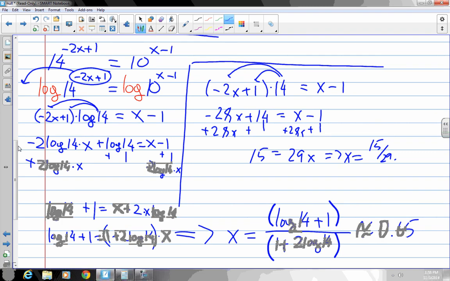Things getting a little weird, but again, just the same steps as you would do when solving a regular linear equation. Just remember here it's hard to combine like terms, so just keep them like that. 1 plus log of 14 is 1 plus log of 14. Plug the answer in at the very end, otherwise you're going to lose a lot of decimals in the rounding error.